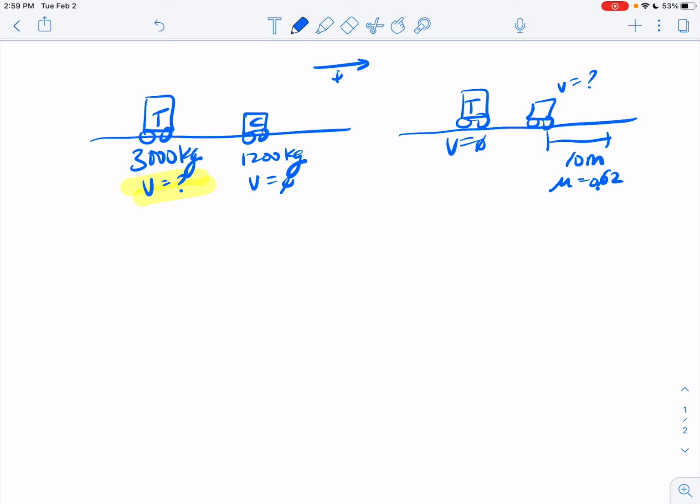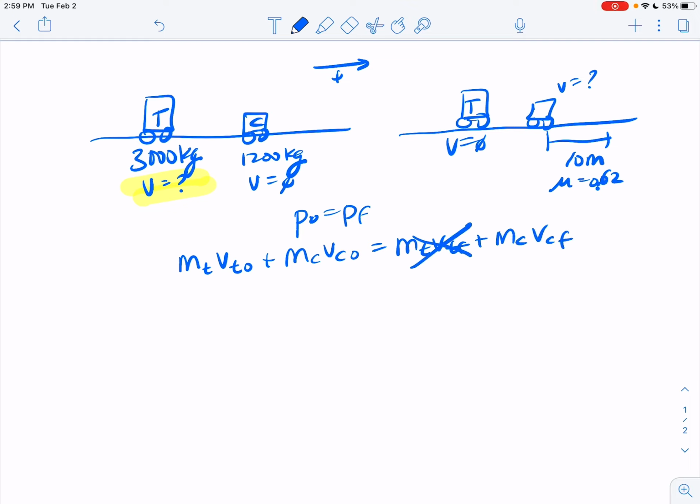As soon as you see that it's a collision problem, you know there's going to be something with momentum. Even if you don't end up solving this first, you can still write it. So: mass of the truck times V truck final, plus mass of the car times V car final, and that's going to be 0.